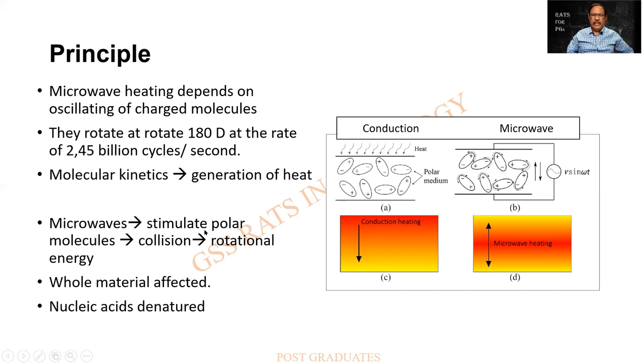All the others are conventional things beyond our scope. Microwaves, stimulation of the polar molecules, collision, rotational energy, etc. And finally you find that the whole material gets uniformly affected in microwave processing. The nucleic acids, of course, are denatured, paving way for subsequent processing.